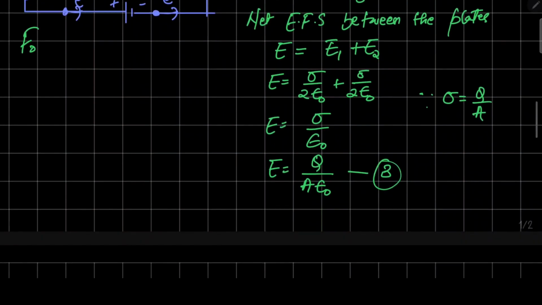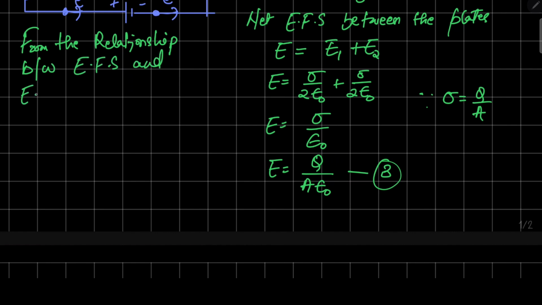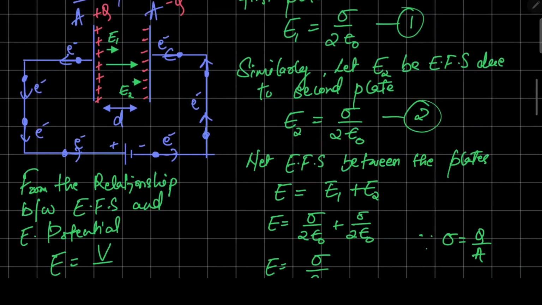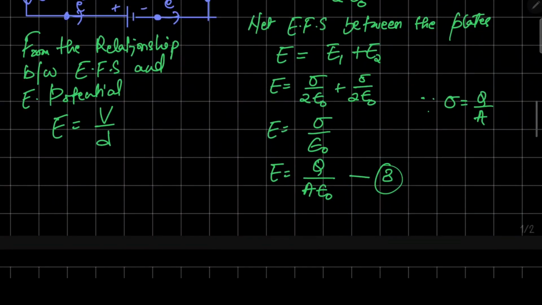So from the relationship between electric field strength and electric potential, we can write the electric field as V over D, where D is the separation between these two plates in this case.